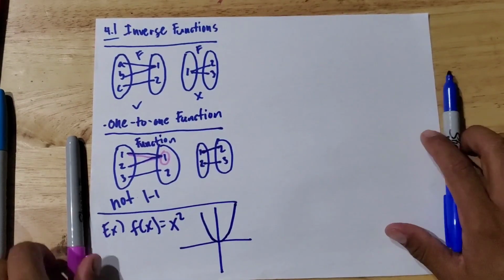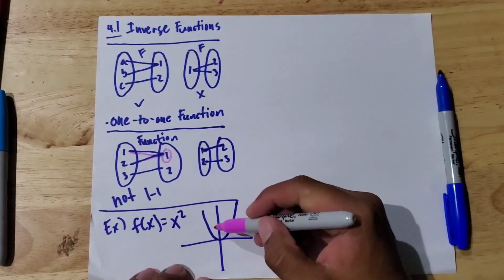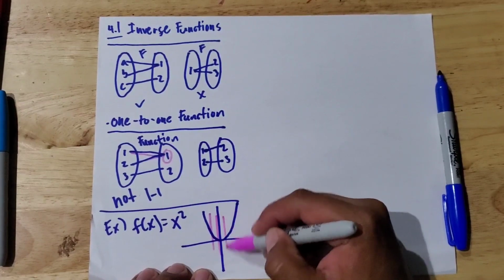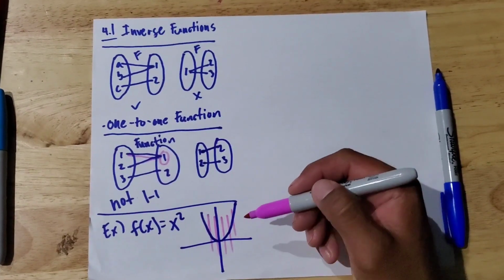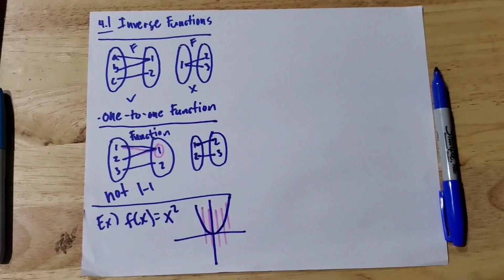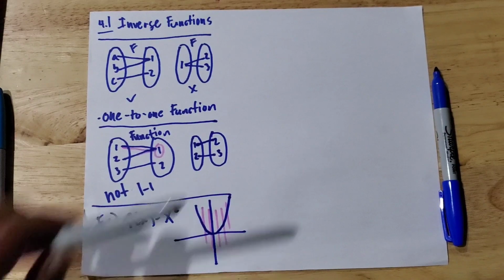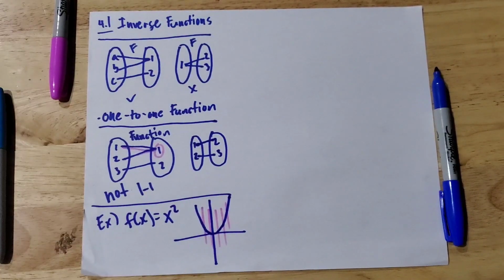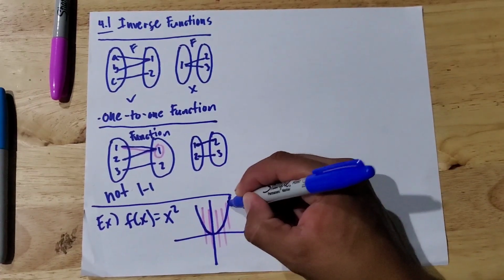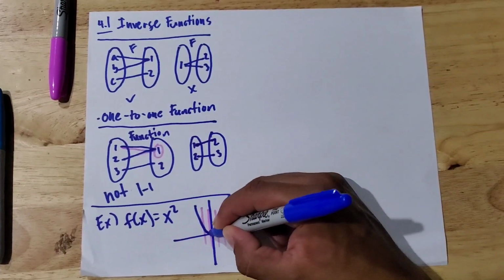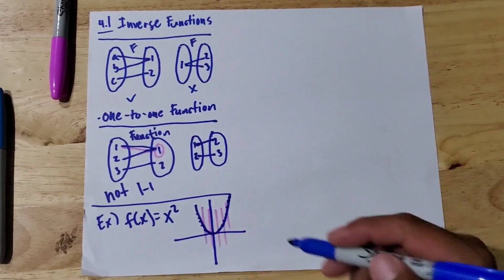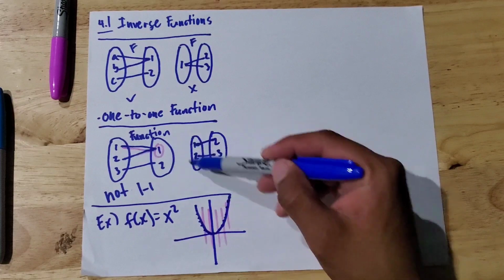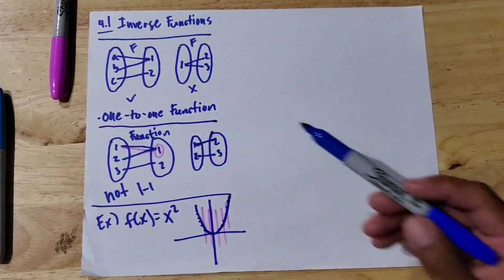And we knew it was a function because it would pass the vertical line test. And plus I'm giving function notation, so we already know that it's a function. But to determine if it's a one-to-one function, there's an infinite amount of points on this graph, so you don't want to be checking every scenario.